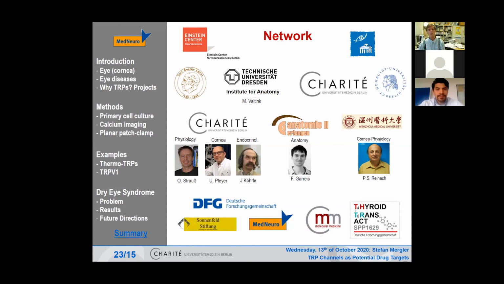In contrast, in the ear, the cochlear implant is well established, in contrast to trying to develop an artificial retina or artificial cornea. So far, it's not possible to replace a cornea by an artificial cornea. The only option is to make a cornea transplantation, which is another challenge.